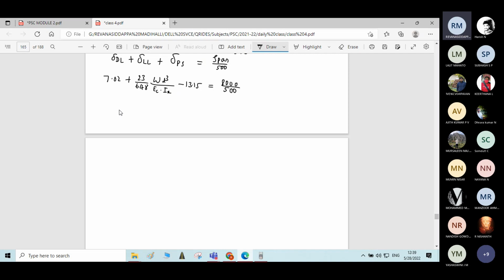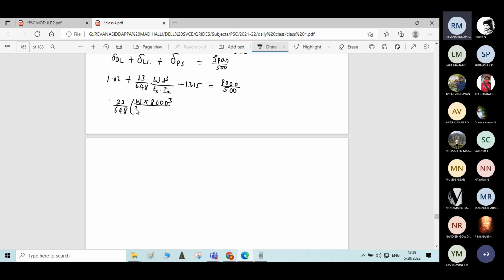Therefore, if you take this 7.02 and minus 13.15 to the RHS, you will get 23 by 648, keeping this central term as it is, into W into L, which is 8,000 cube, divided by EC into IX.